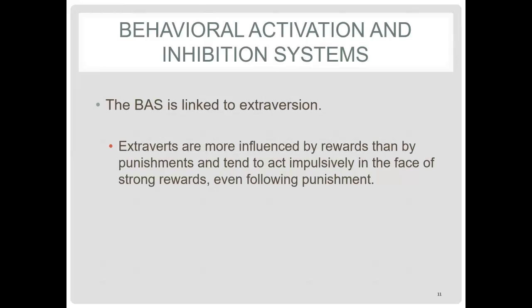And that's because of the behavioral activation system. They're just on green light all the time. And the stronger they are on extroversion, the stronger that behavioral activation system is. The higher the amount of arousal they need to be content.